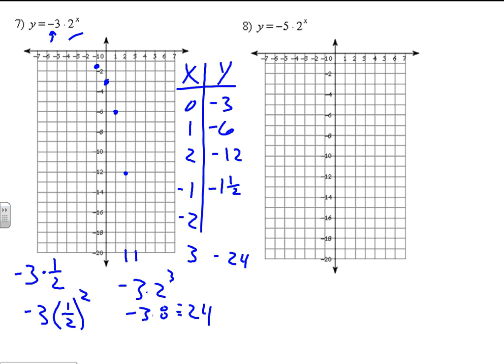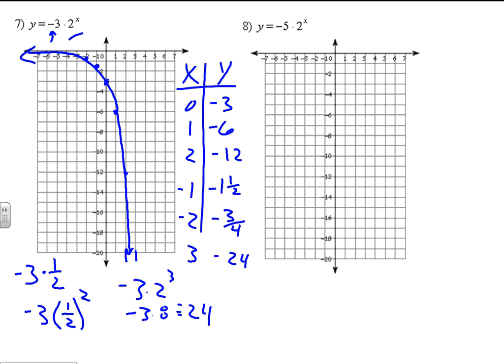Check it in your calculator, but that is -3/4. So by the time I'm at -2, I'm down 3/4, and I see that curve is flattening out once again to the axis. So I'm down here and keep my exit goal in mind.